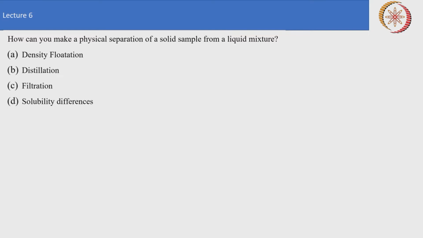So Anjana has written A, density floating, then Padel has written C, Priya has written B. B means distillation. So, how can you make a physical separation of a solid sample from a liquid sample? You have the liquid sample, and from there you have to separate the solid sample.